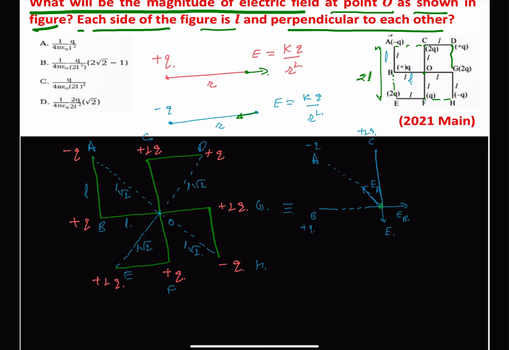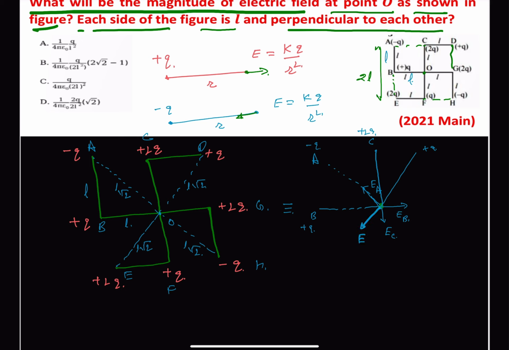Next point is our D, and D is lying along the diagonal, and its direction of electric field, it is also plus q, so this will be our ED.